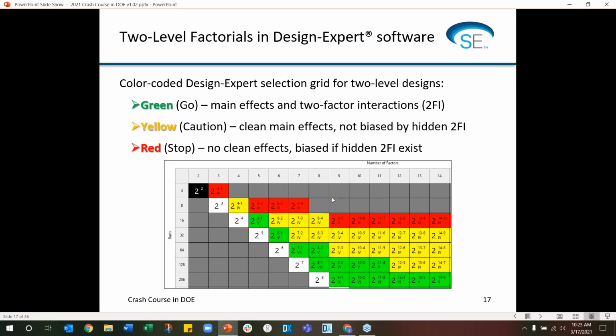You know what? It doesn't matter if you're looking for it or not. If it exists in your process, then it's there, and it will bias these red designs if 2-factor interactions even exist. Whereas the yellow designs give you unbiased or clean main effect information.